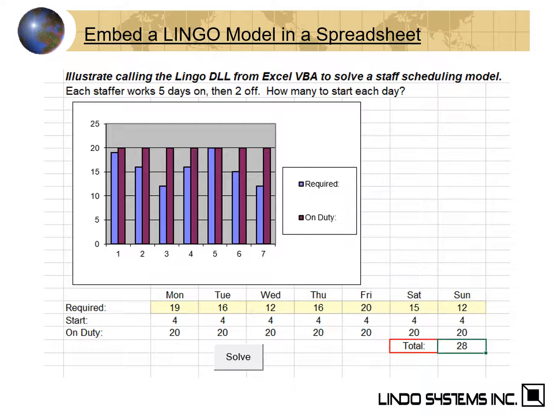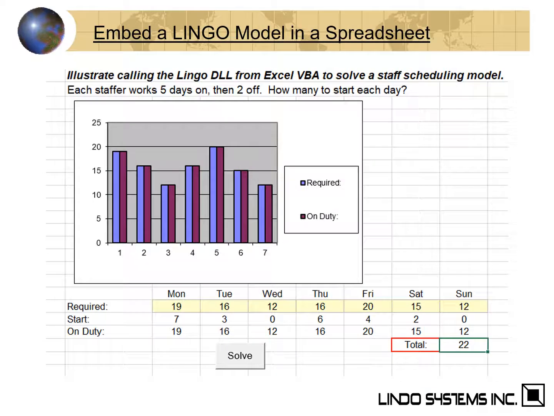So we've got a LINGO model embedded in this particular spreadsheet, and we can access it by pressing the Solve button. Let's see if we can improve this 28 by optimizing a bit. So here it appears we can do quite a bit better.